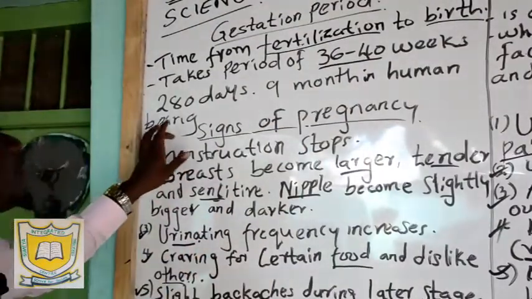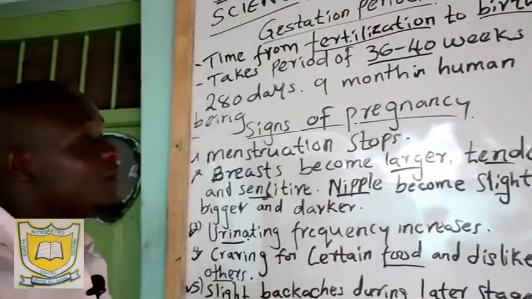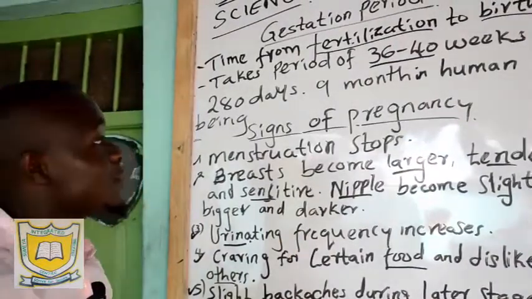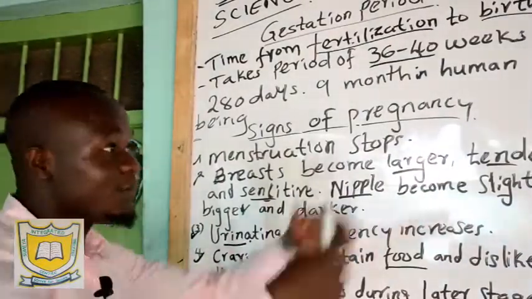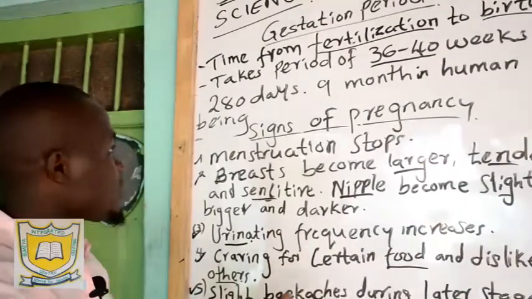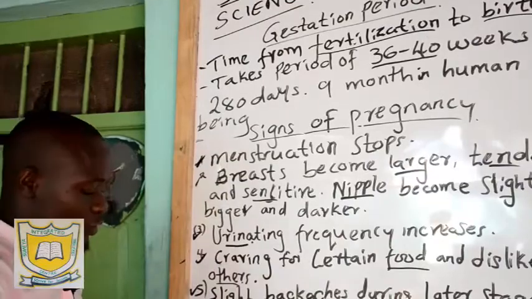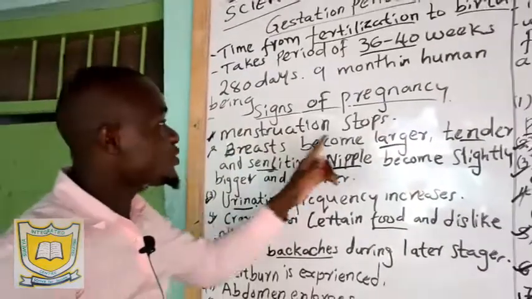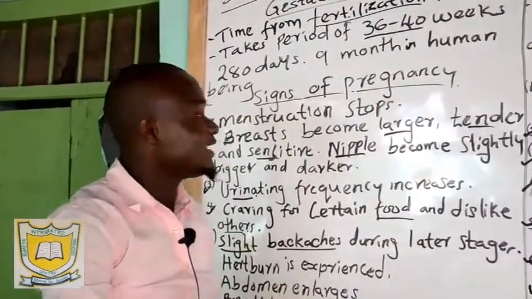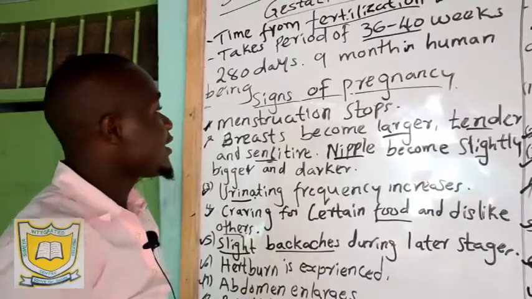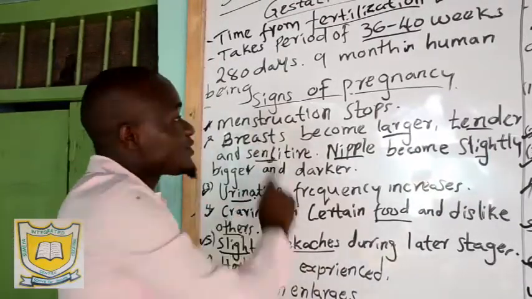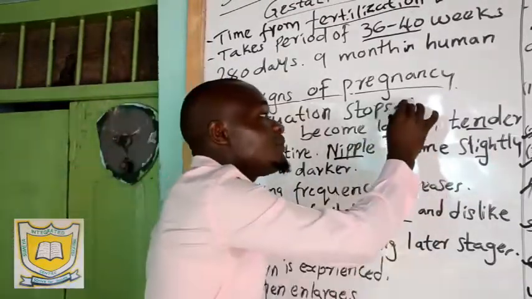Now, this period has some signs that we have to observe, so that we say this person is pregnant. We cannot just say she is pregnant. What shows she is pregnant? Number one, which is most common, is the menstruation stopping. If a lady finds that there is no menstruation, this is a period that happens monthly.